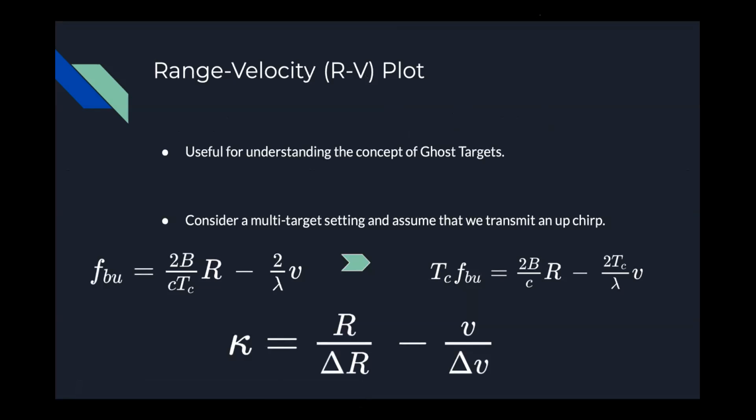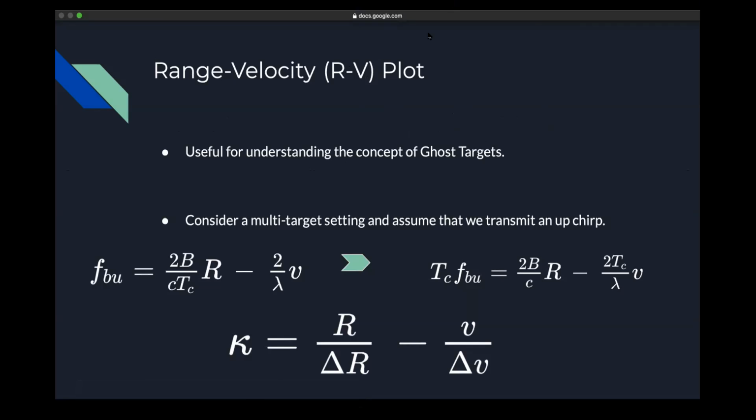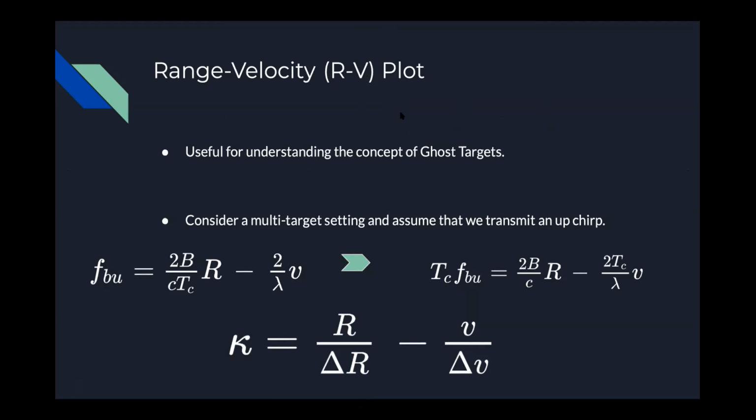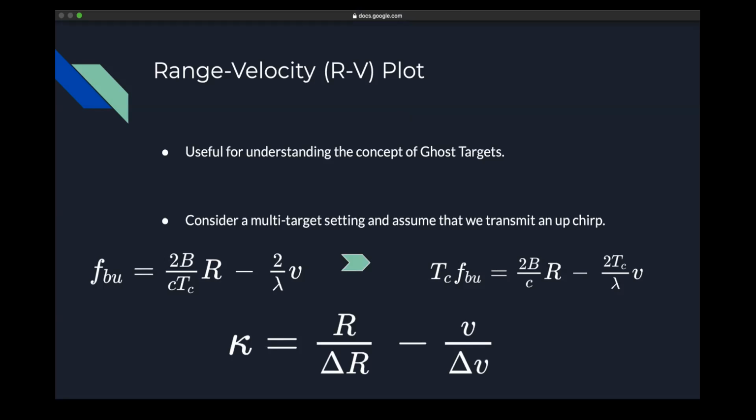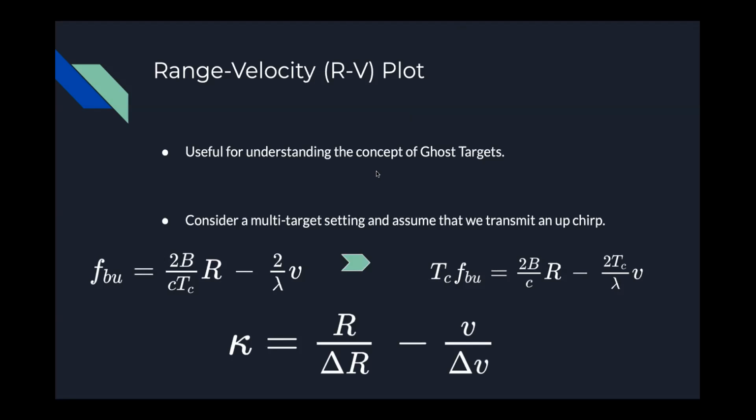Now, let us talk about range velocity plots. These are very important for understanding the concept of ghost targets. If we consider a multi-target setting where there is more than one target, and we transmit a single up chirp, we get as many distinct beat frequencies as there are targets, and we can express that in the form of an equation like this.